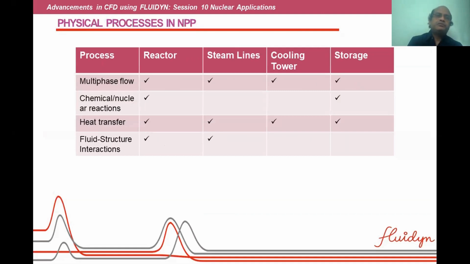So to summarize all these processes that we had seen, multi-phase flow, chemical and nuclear reactions, heat transfer, and fluid structure interactions occur in various regions of nuclear power plants.